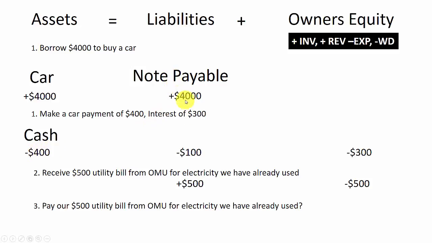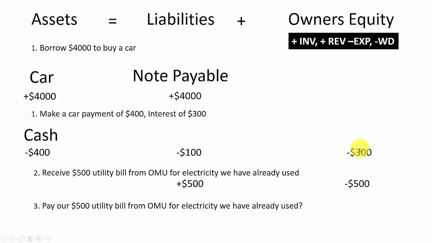The notes payable is only going to go down $100. That is, our liability will be affected by $100, because $300 is interest, and so only $100 of that $400 payment is going toward the principal. So there's $100 right there reducing liabilities, and then what we have left is $300 that goes to interest expense. I didn't put out the word interest here, but it's under expense, under interest expense.